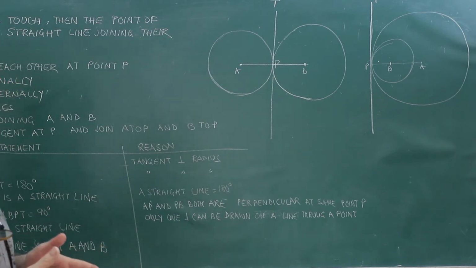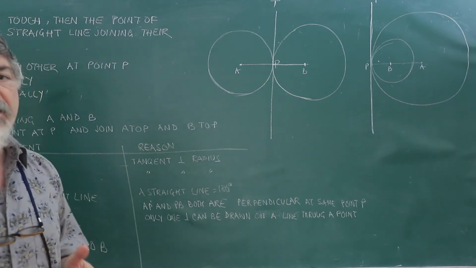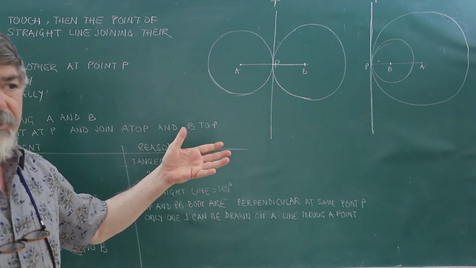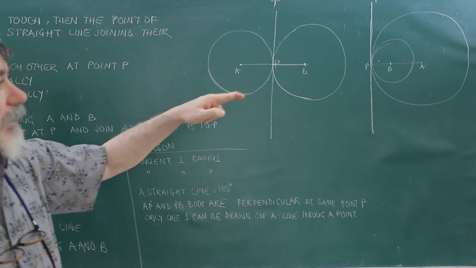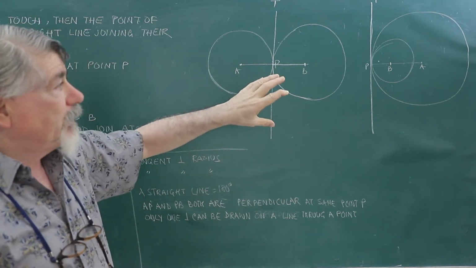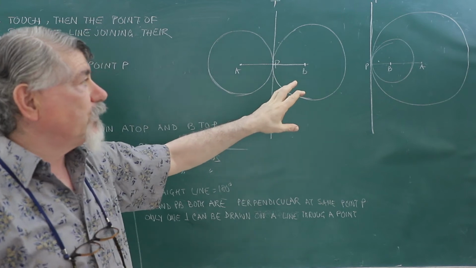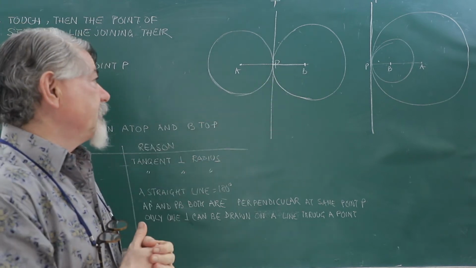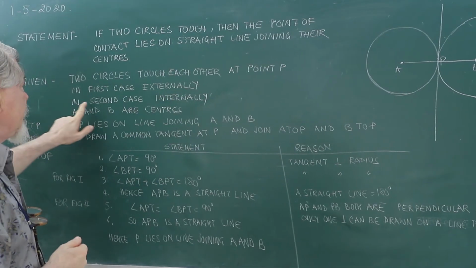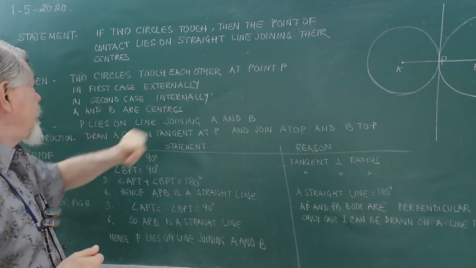In the first figure, the two circles with centers A and B are touching each other externally at point P, and here the two circles are drawn so that they touch each other at point P, but the smaller circle is inside the bigger circle. In the first case they are touching externally, in the second case they are touching internally.